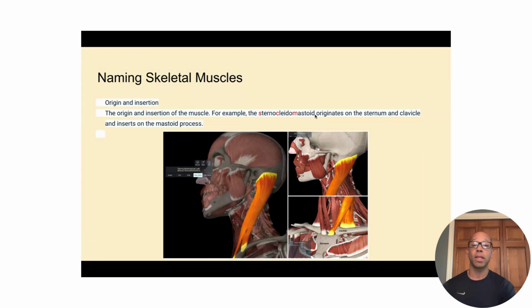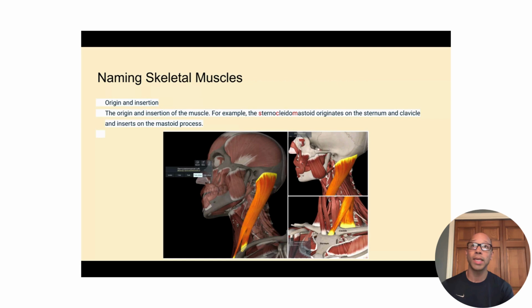And then the mastoid. The mastoid process is this bump right in back of our ear. That's where the SCM comes from. That's actually the origin. So origin and then two insertion points, and those three points are all in the name of that muscle.